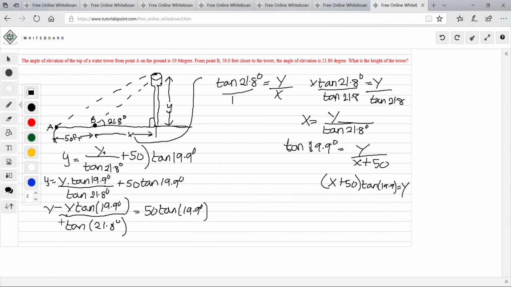So now on the left side, they're all y, so I want to factor out a y.